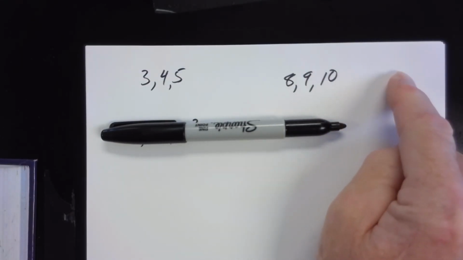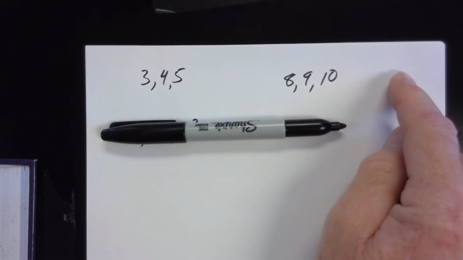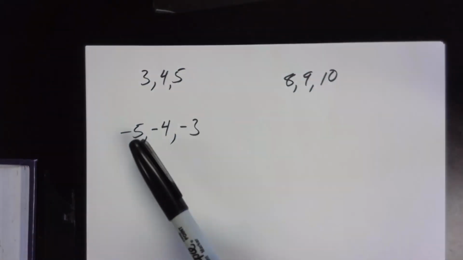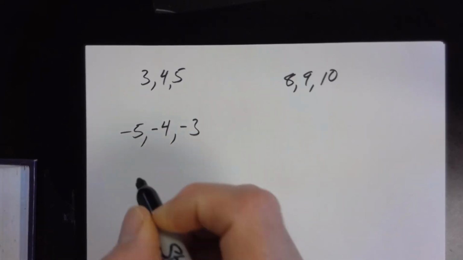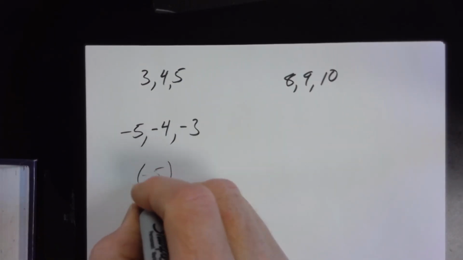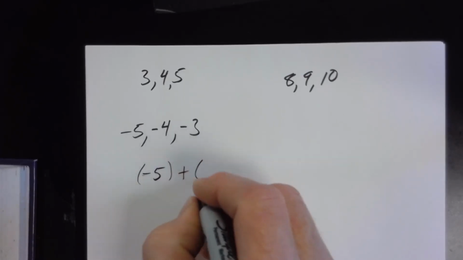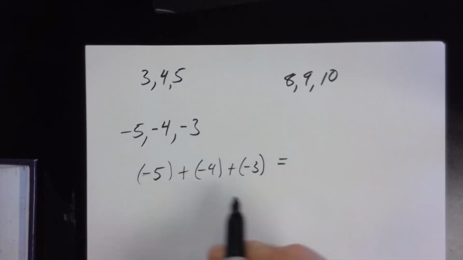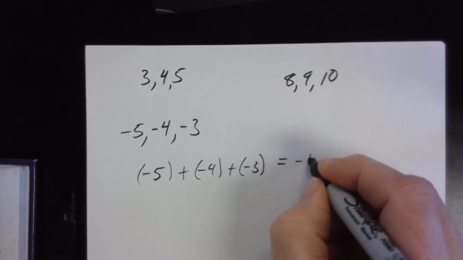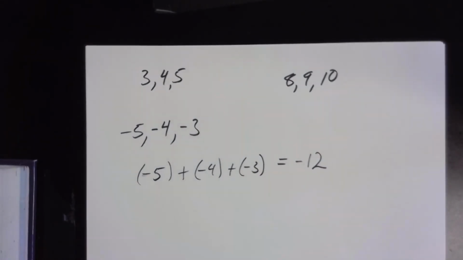But then I think about it. I start testing my conjecture. Is that true all the time? And then I think about these. These are three consecutive integers, aren't they? And if we add them together, negative 9, negative 12, that's not greater, right?